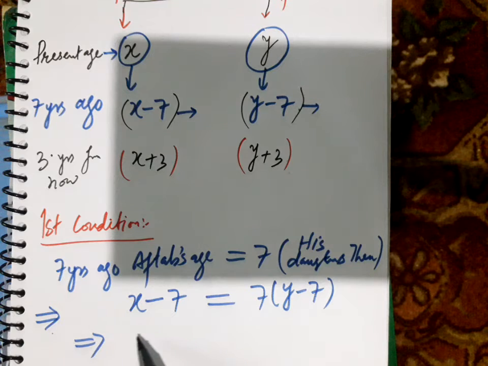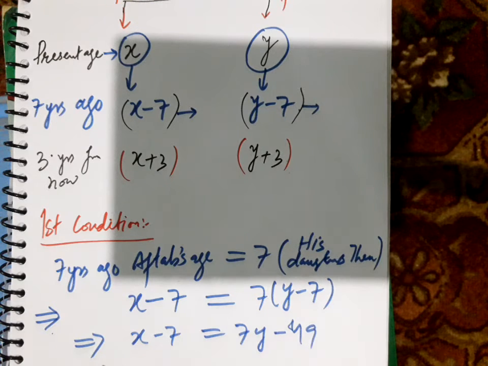Now what we get over here is x minus 7 is equal to 7 times y minus 7, that is 7y minus 49. By transposing all the terms to the left hand side, this will be x minus 7y plus 49 minus 7 is equal to 0.